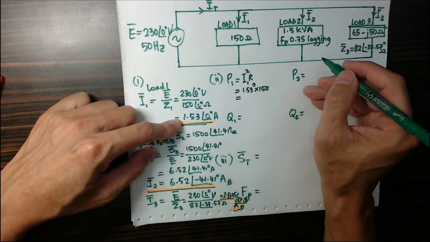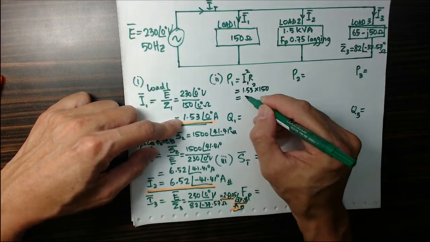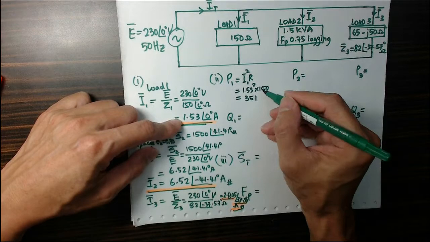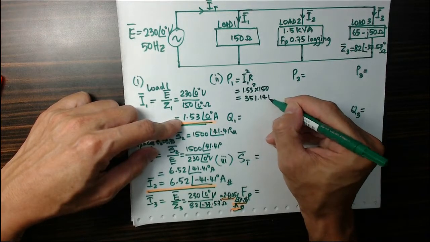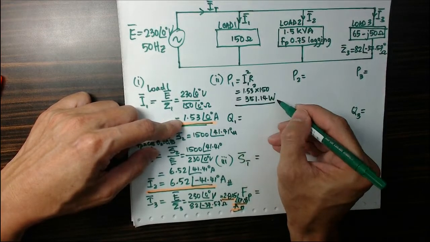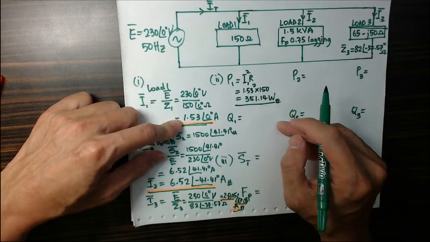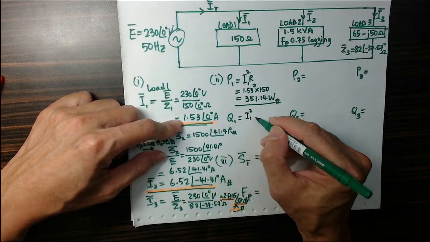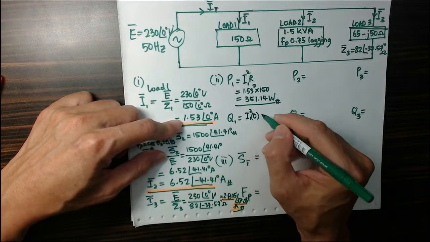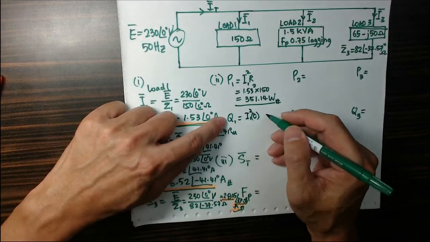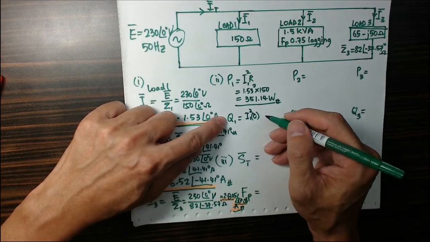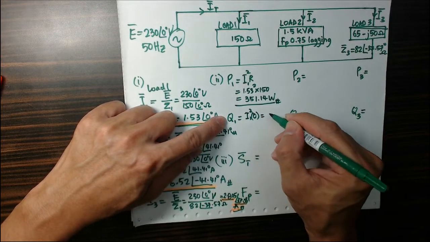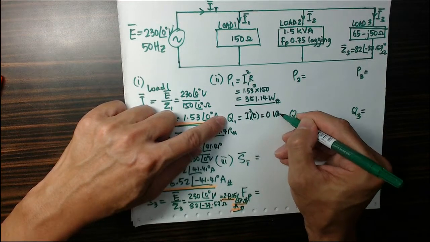That gives me 351.14 watts, the true power for load 1. Q1 is equal to I1 squared times 0 because there is no reactance, so I will have 0 VAR.